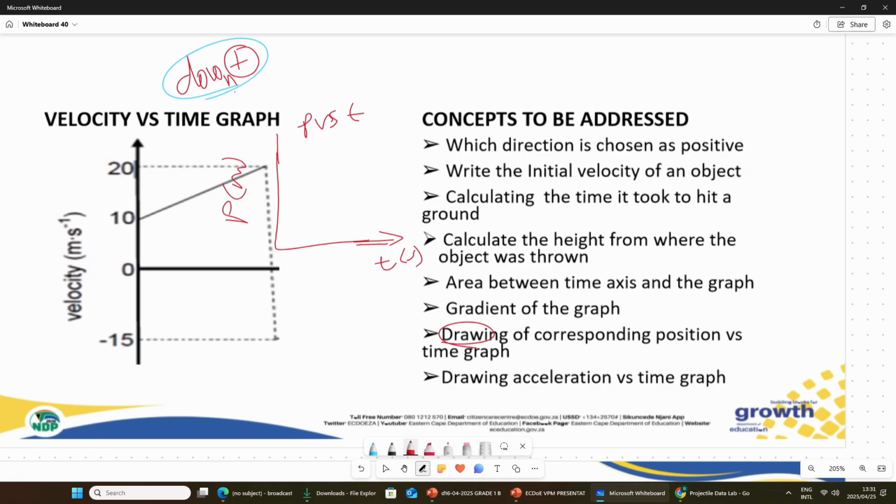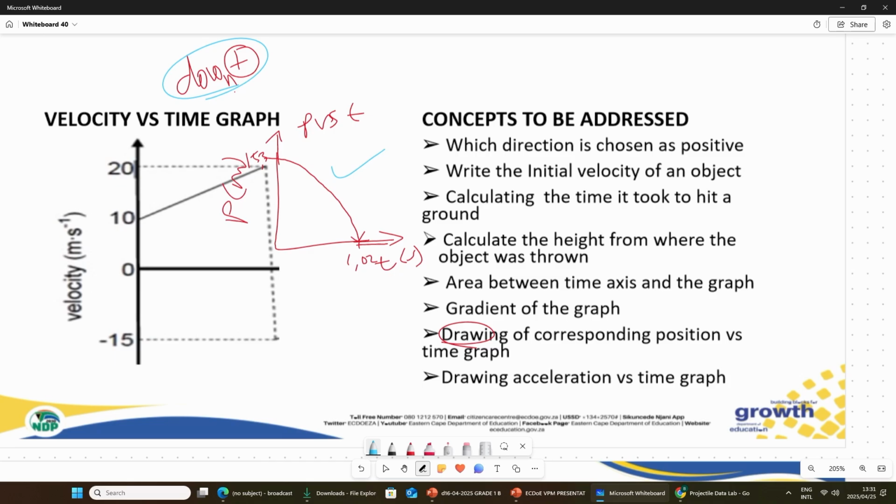The height it was thrown from was given as 15,3 meters, and the time it took to reach the ground was 1,02. So our graph runs from there until it hits the ground. This is going to be our position versus time graph.